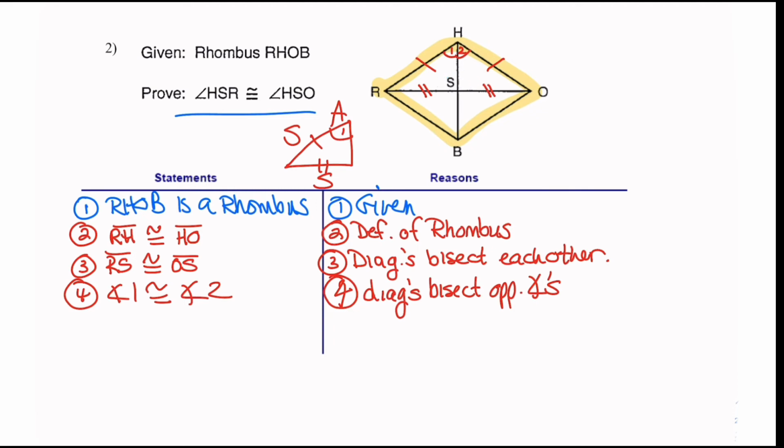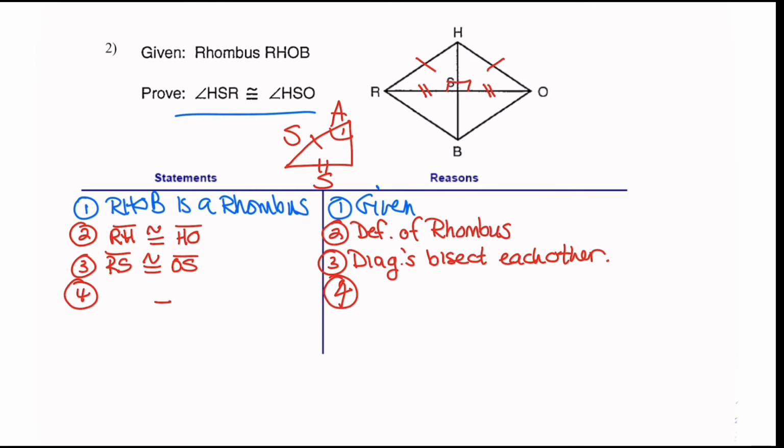One of the things we can do is, instead of saying that angles 1 and 2 are congruent to each other, because that really doesn't help us out, use a different property. We're going to say that diagonals are perpendicular.